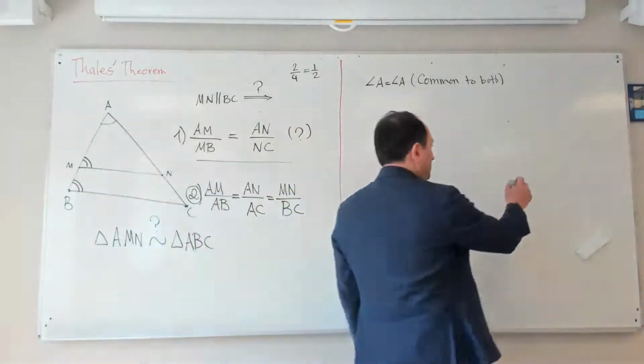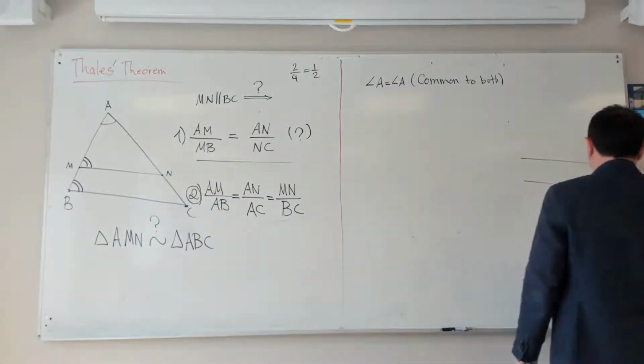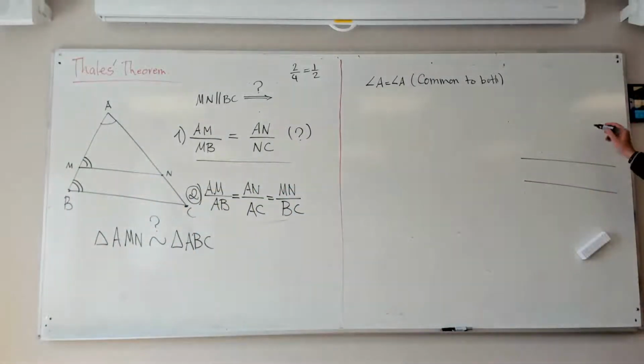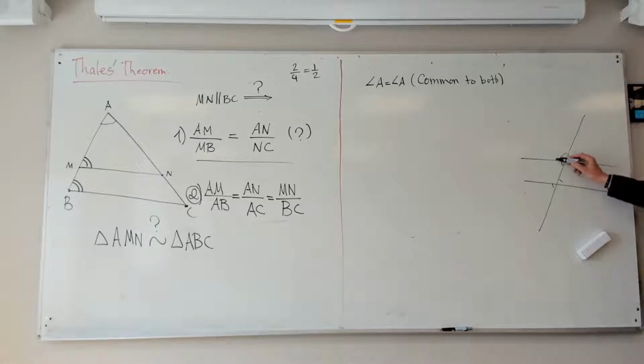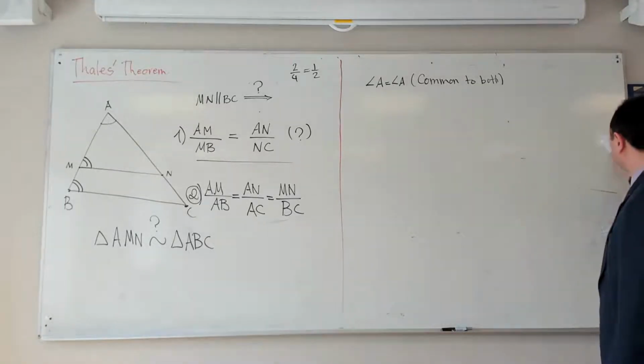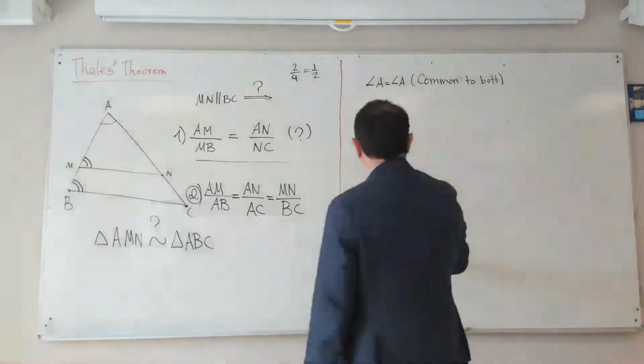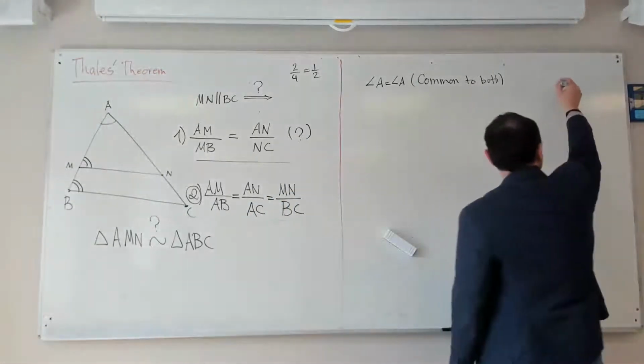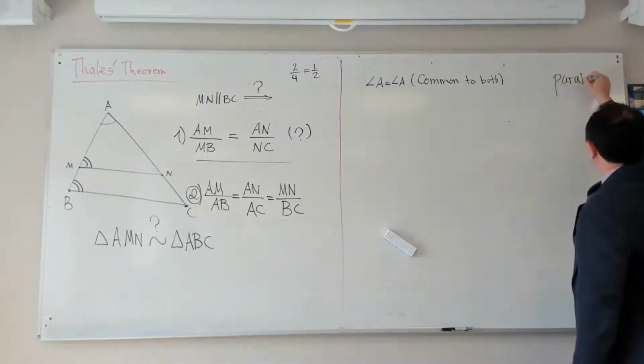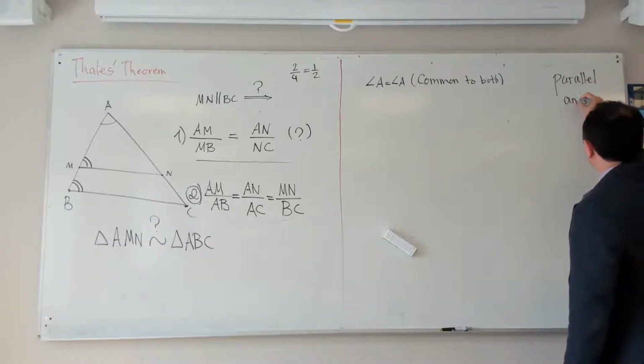I told you in Math 1C, if I have two parallel lines and a transversal line cutting both, then acute angles are all equal, obtuse angles are all equal. Agree? This was the parallel and transversal rule, so you need to apply it here. Exactly. What was the rule called? Parallel and transverse line.